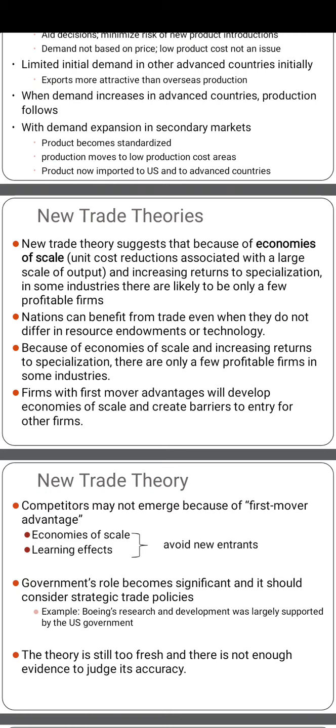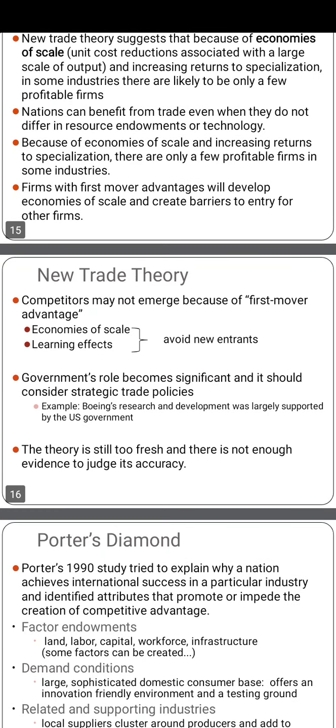Nations can benefit from trade even when they do not differ in resources, endowments, or technology. Because of economies of scale and increasing returns to specialization, there are only a few profitable firms in some industries. A firm with first mover advantage will develop economies of scale and create barriers to entry for other firms.